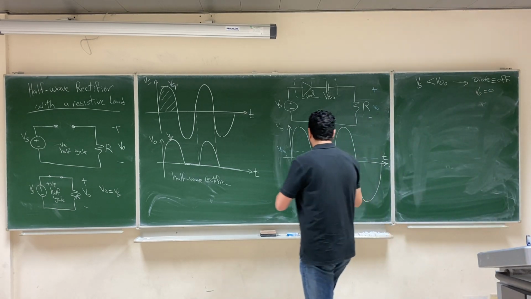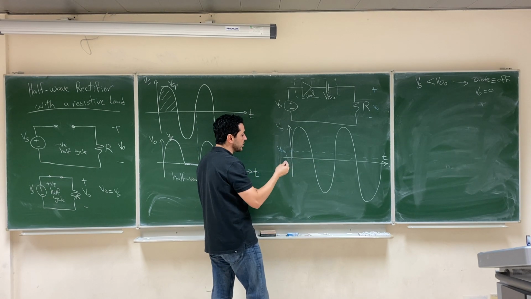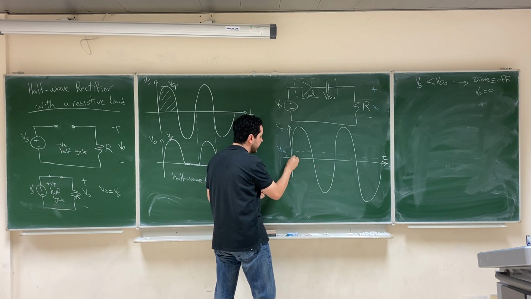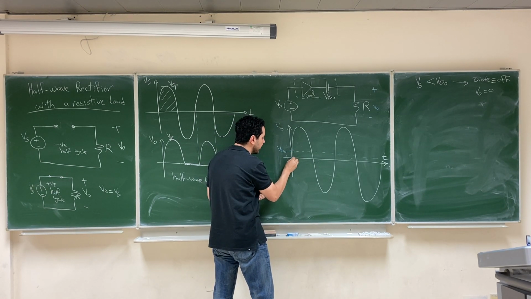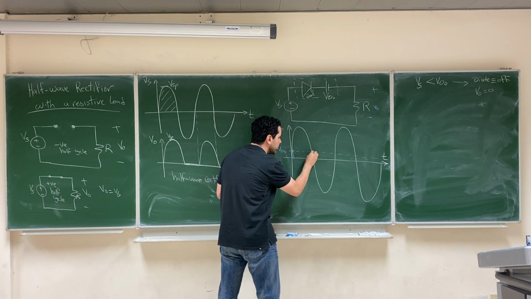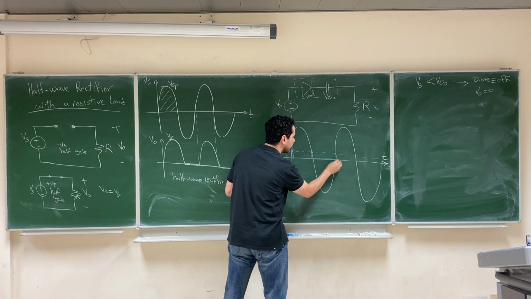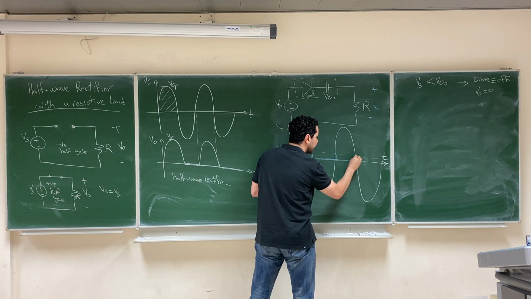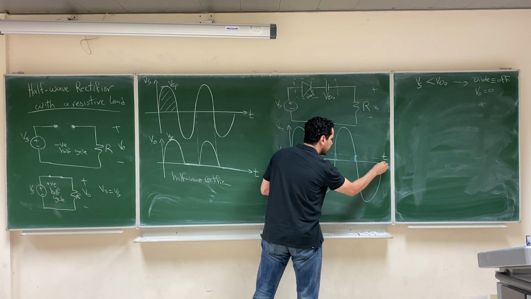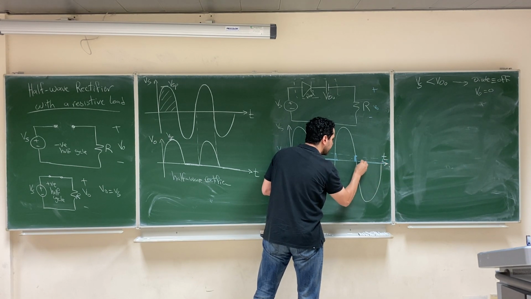Let's plot the output voltage in blue. The output voltage up to this point will be 0. Between this point and this point, again the output voltage will be 0. Again, from this point up to maybe here, it will be 0.